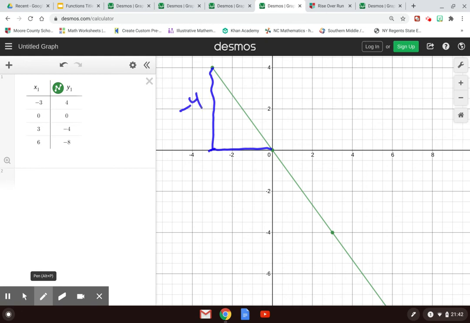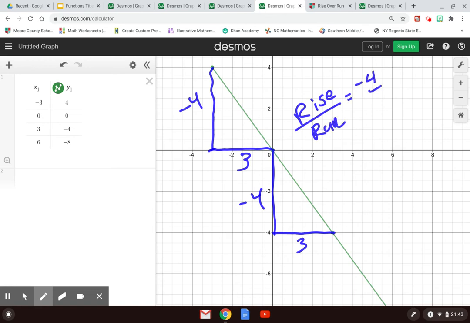And so now here I'm at 3, so 3, 2, 1, 0. I have a run of 3. Okay, so my rise over run is a negative 4/3. So again, my slope or my m value in an equation would be a negative 4/3.